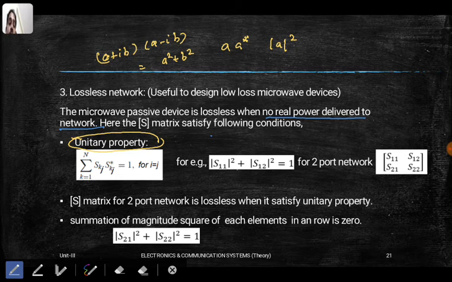Or if you take the magnitude of a plus ib, it is the root of a squared plus b squared. Take the square of this, and it's nothing but a squared plus b squared. So taking a complex number and its conjugate product is nothing but taking the complex number's magnitude and squaring it. When you multiply a complex number with its conjugate, you get the magnitude of the complex number squared.